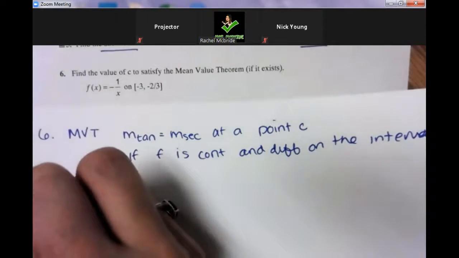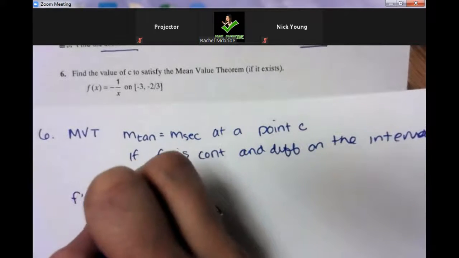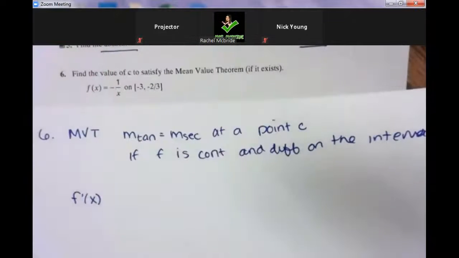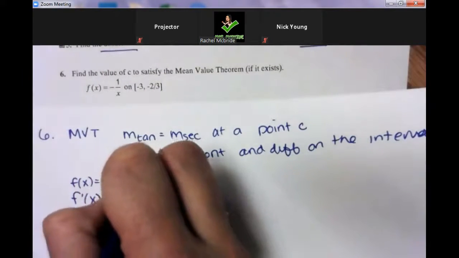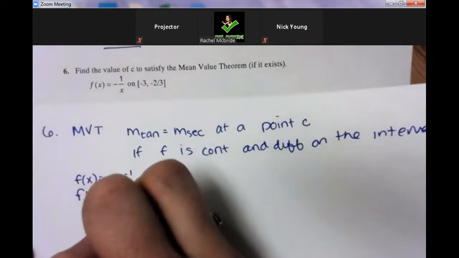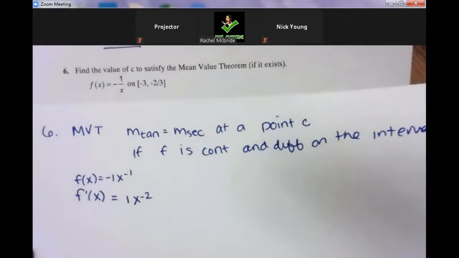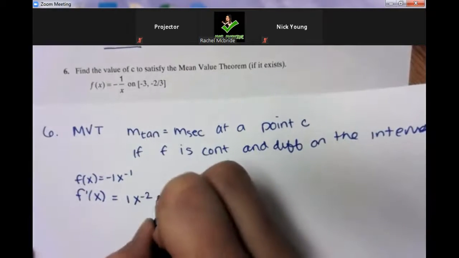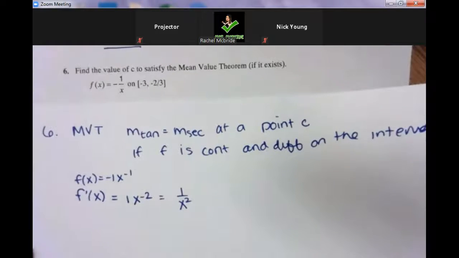So we find f prime of x. So this is kind of like -1x to the -1. So its derivative would be a negative times a negative, which is a positive. So my derivative is 1 over x squared.